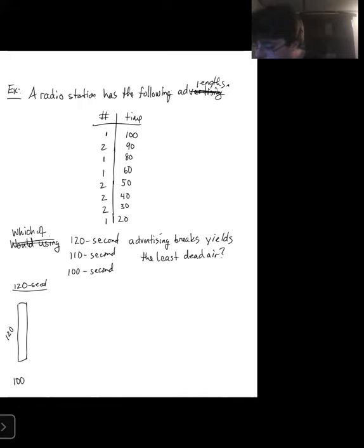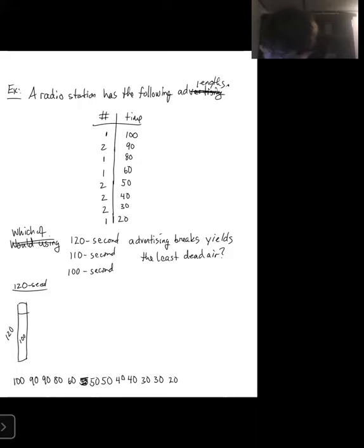So we have 100, we have two 90s, we have an 80, we have a 60, we have two 50s, 50, 50, 40. I almost wrote 44 last time too. 40, 30, 30, and 20. And let's fit them in 120-second time slots.